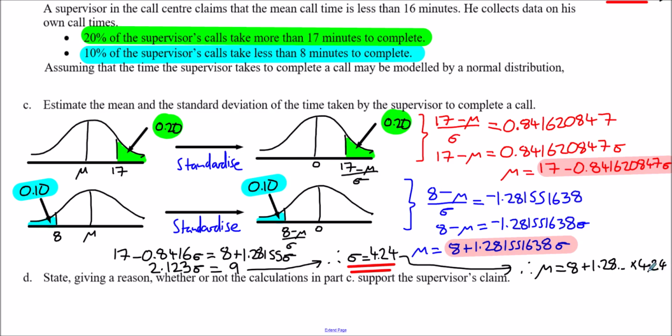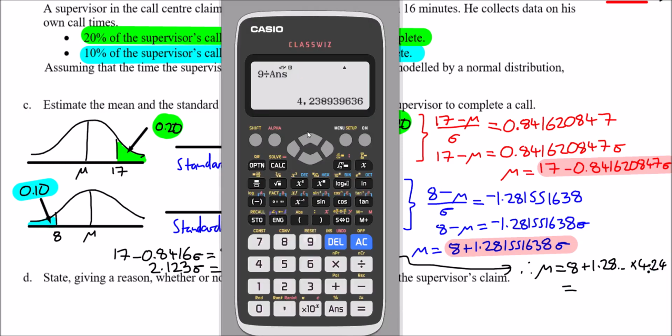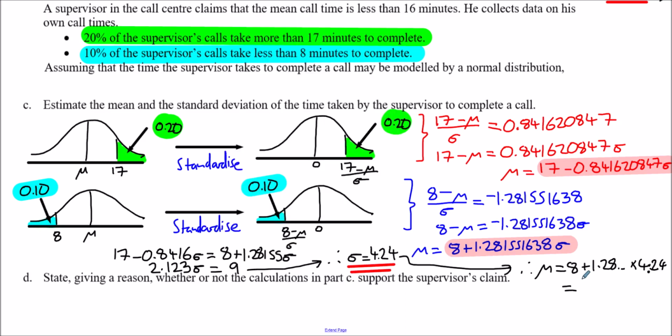So mu is going to be this 1.281551638 figure here times by 4.24, then pop on an extra 8, gives me 13.4. And that, of course, is going to be in terms of minutes. So the mean for this supervisor is about 13.4 minutes.